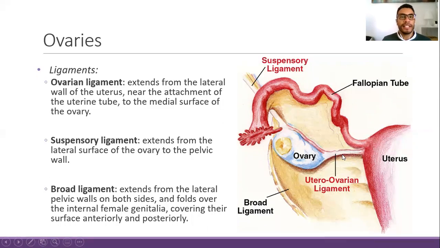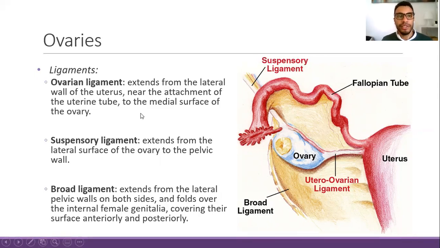It's worthy to mention that all those ligaments are extensions of the peritoneum, because the pelvic cavity lies inferiorly to the abdominal cavity. So these ligaments are different from ligaments that we see in our skeletal system, okay?